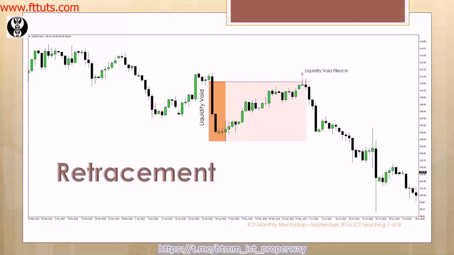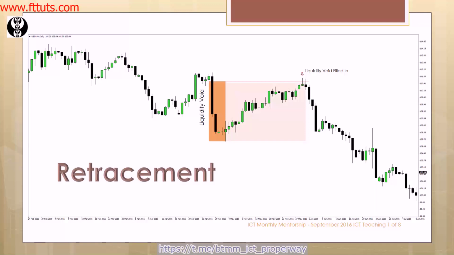Okay, this is an example of a retracement. As you can see here, the orange shaded area, we had a real quick sudden movement away from a price level, and that quick sudden movement creates what we call a liquidity void. In other words, as the market drops aggressively like that, there's going to be pockets where the price wasn't actually delivered on every available price level in that range.